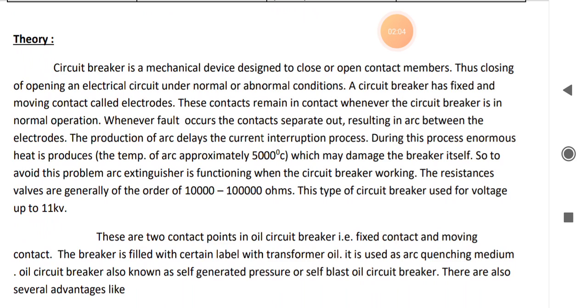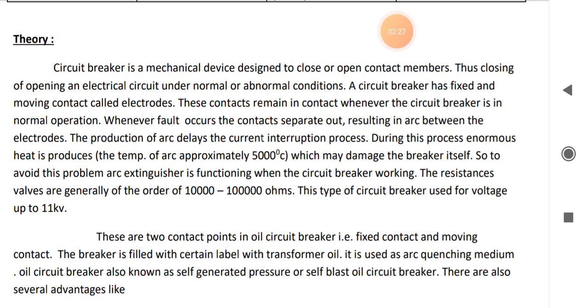Around 5000 degrees centigrade temperature arises, which may damage the breaker itself. So to avoid this problem, we use an arc extinguisher, whose function is to break the circuit during fault.